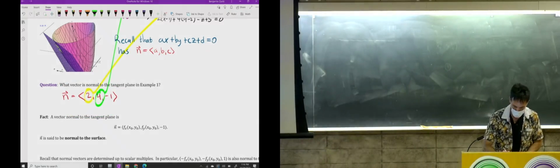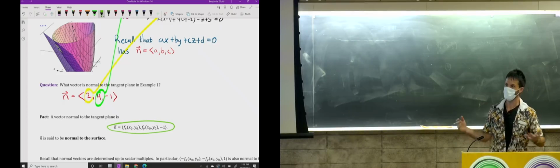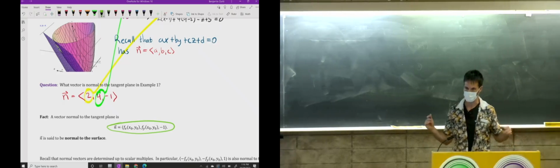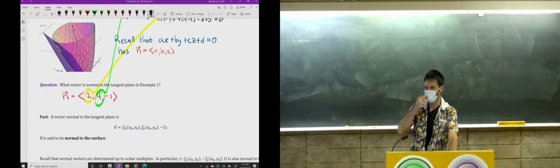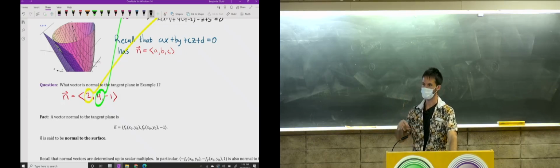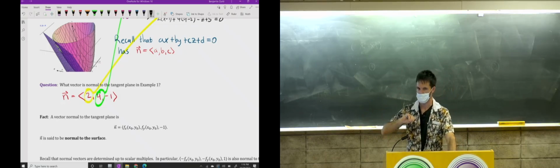Also, a bit of terminology. This normal vector is normal to the tangent plane. We'll also describe it as being normal to the surface. So previously, we learned about normal vectors to planes. Now, today, we just learned what it means to be normal to an arbitrary curved surface.